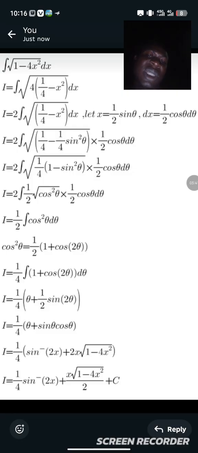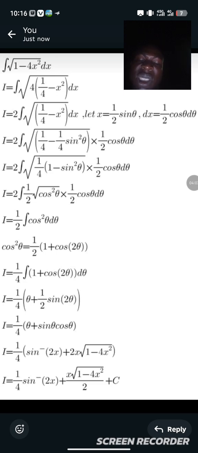Now to integrate this, if you use the trigonometric ratio, we know that cos squared theta is the same thing as 1 over 2 into 1 plus cos 2 theta. So if we integrate this, we have I equals 1 over 2 times 1 over 2 integral 1 plus cos 2 theta d theta.